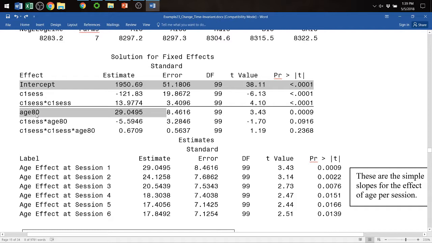The effect of age as a main effect is its simple main effect specifically on the intercept at time 0. So I would say for every year older you are when you walk in the door, your predicted response time at session 1 is higher by 30 milliseconds. Older people are slower. Details at 6.